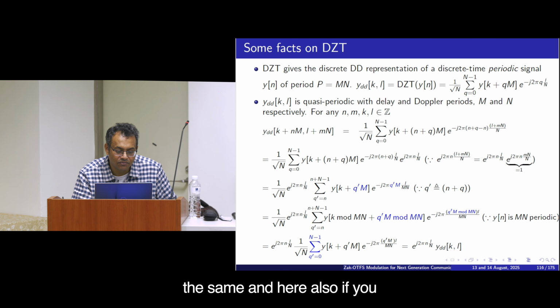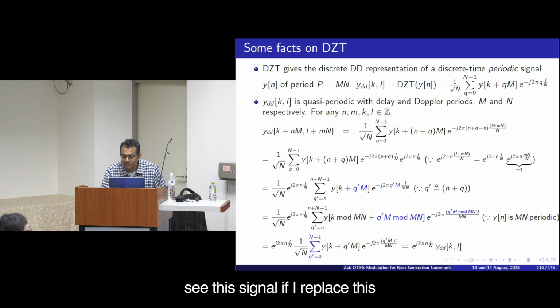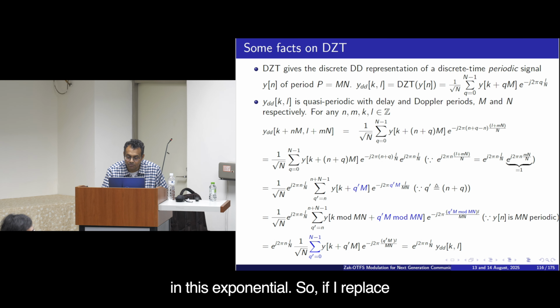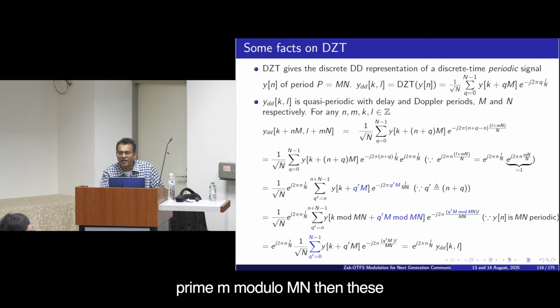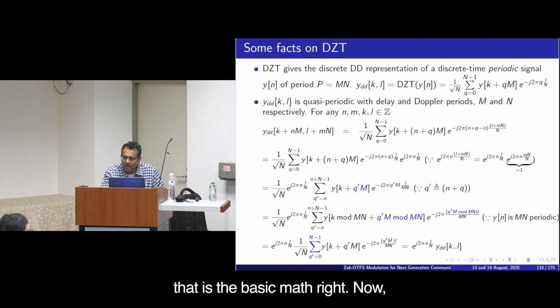And here also, remember there is a division with capital Mn in this exponential. So, if I replace this q prime m also with q prime m modulo Mn, then these two terms are still equal, right, Kevin? That's basic math, right?